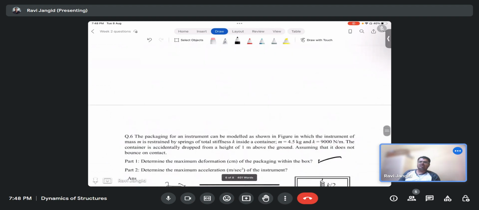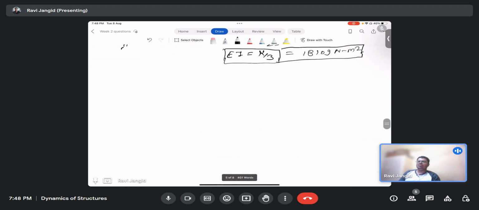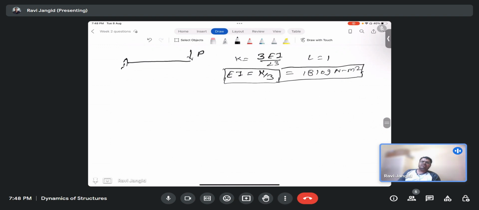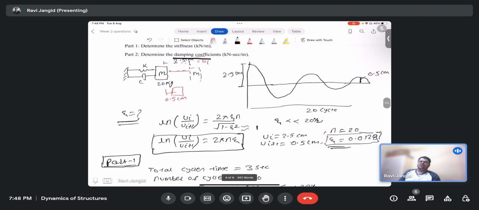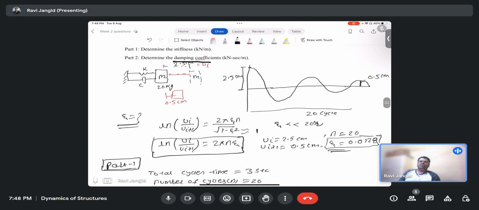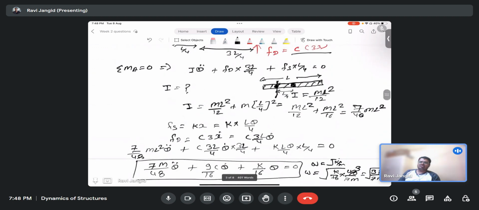Because this week's content is totally focused on the free vibration system, damped and undamped. From next week onward, we will start the forced vibration system, damped and undamped as well.